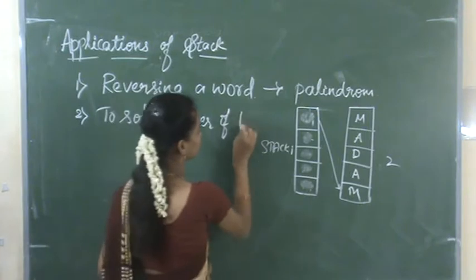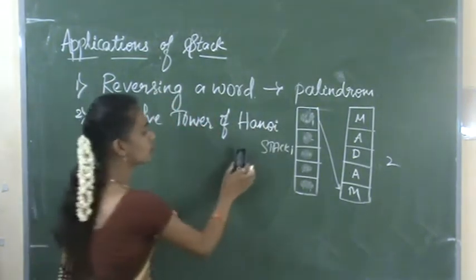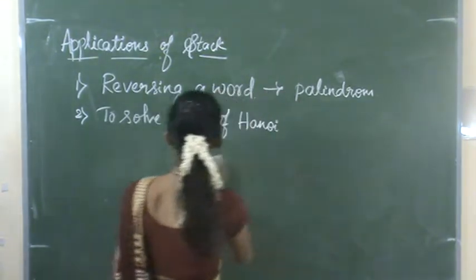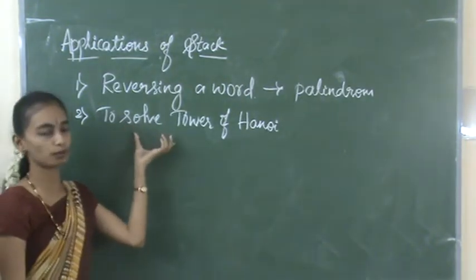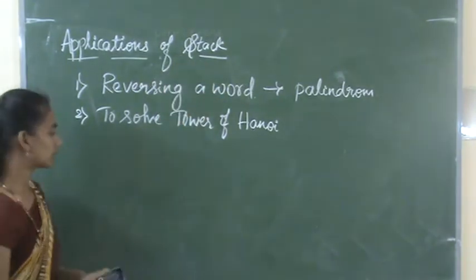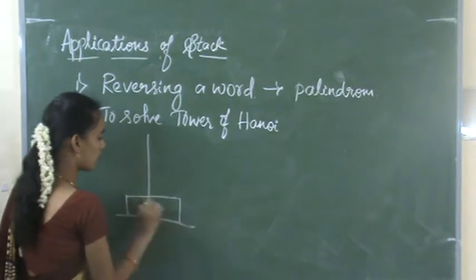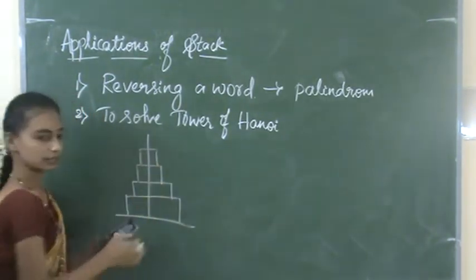Tower of Hanoi. In Tower of Hanoi, this is one type of problem. If we want to solve this problem, we are using the concept called stack. I think you know this. The blocks are arranged like this.